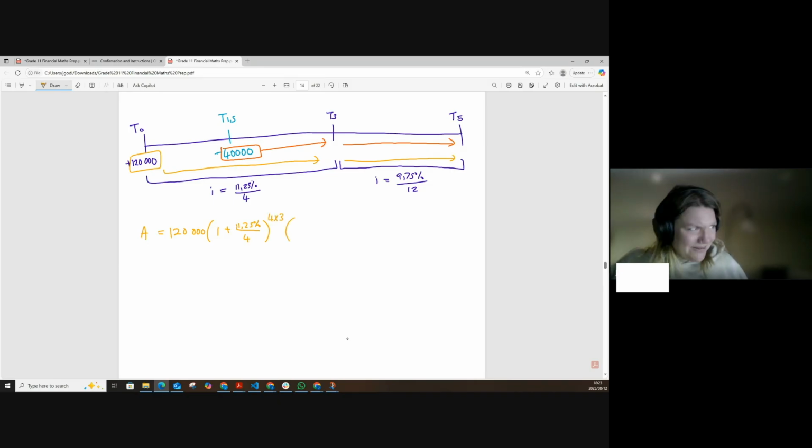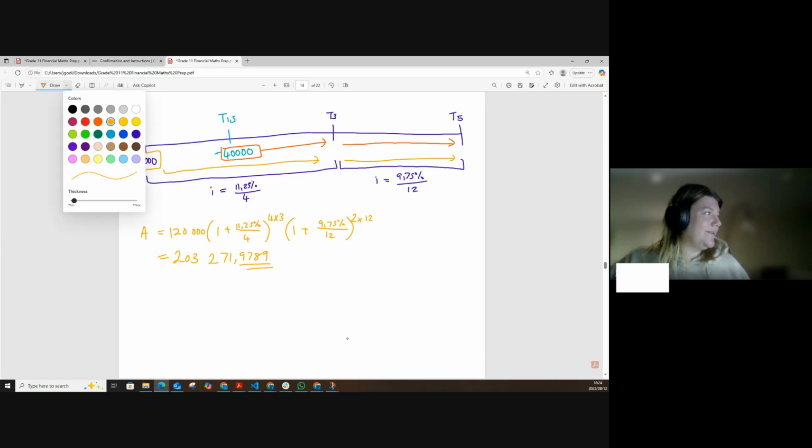And then what happened to it is it had an interest rate of 9.75% compounded monthly. And this was for 2 years that it was being compounded monthly. And so we can put that straight into our calculator and we get 203,271.9789. And remember, keep those 4 decimal places for your final answer.